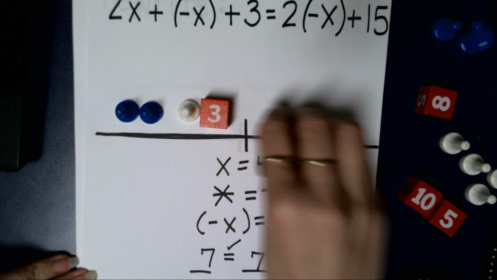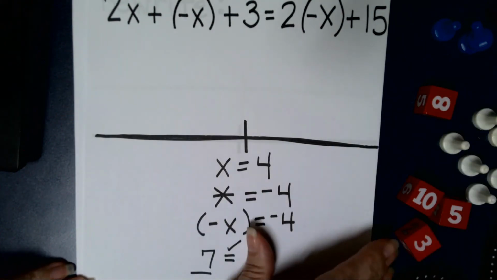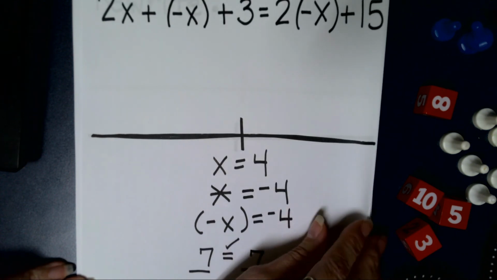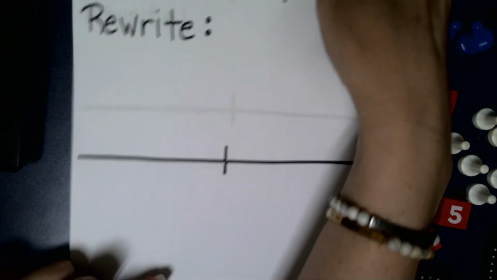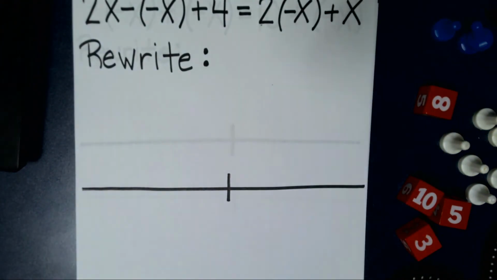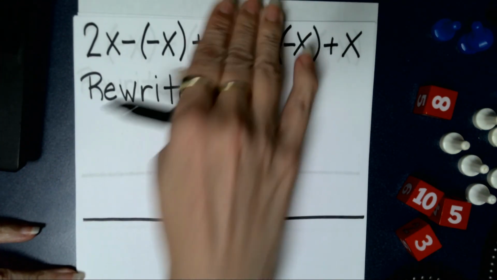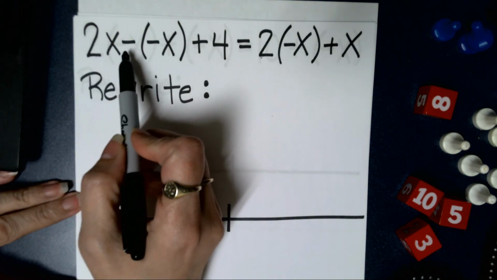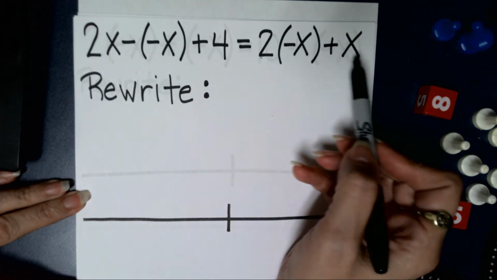Let's clear our mat and move on to the next problem. Okay, so our problem says we have 2x minus a star plus 4 equals 2 stars plus x.